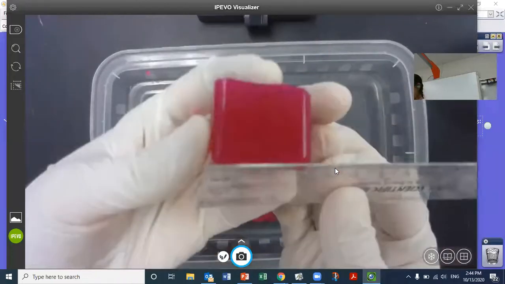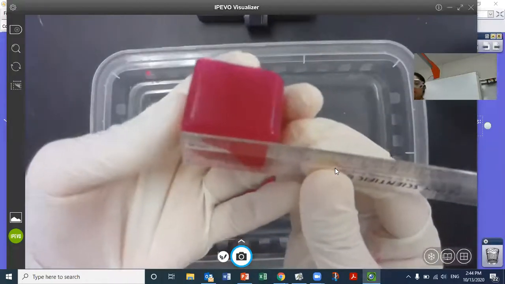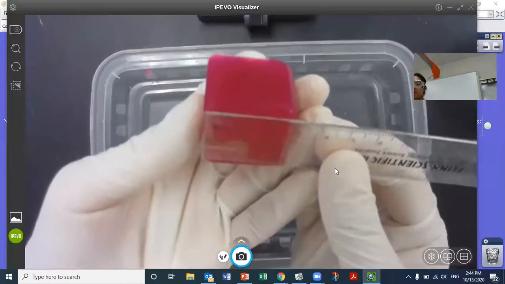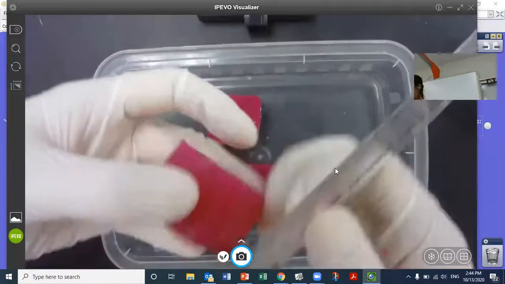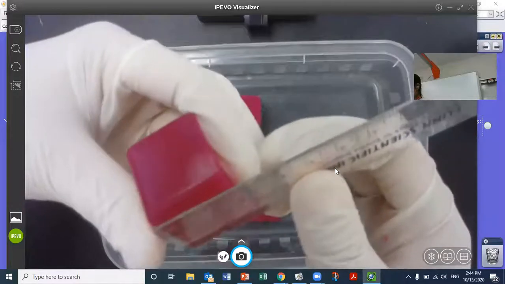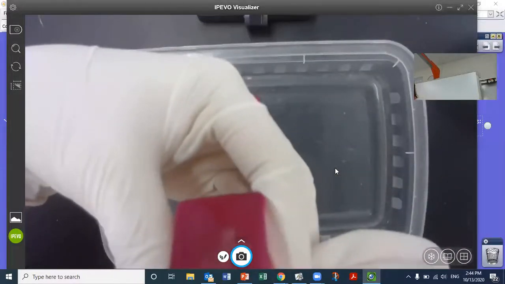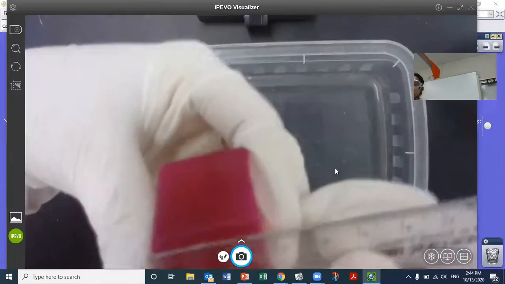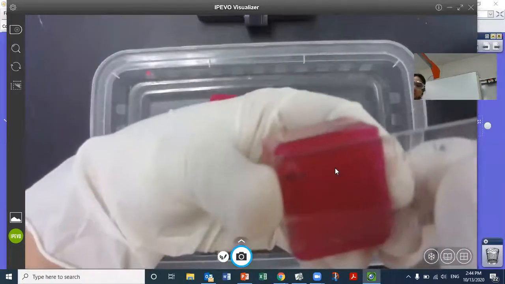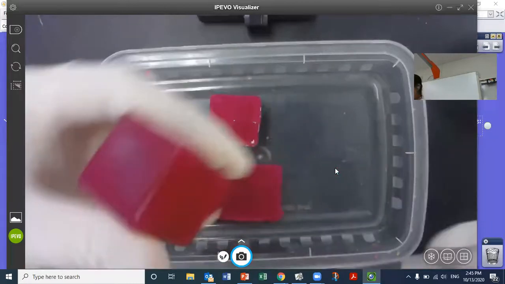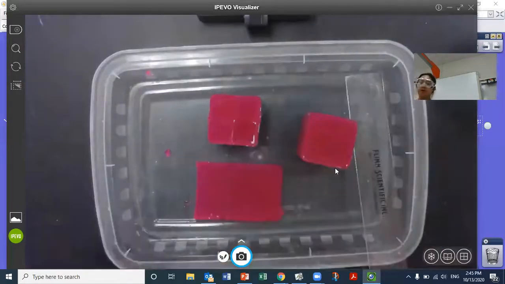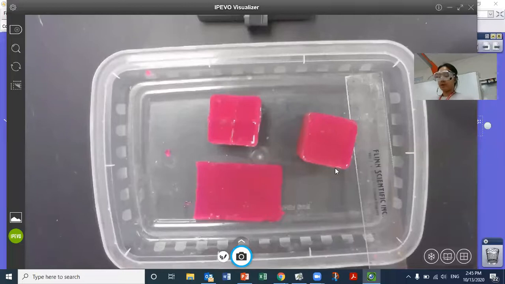Now that means that our width will be the exact same, which will be 30 millimeters. And then our height is going to be about, let's see, about 27 millimeters. I don't know if that's clear or not. So we have a base of 30, a width of 30, and a height of 27.